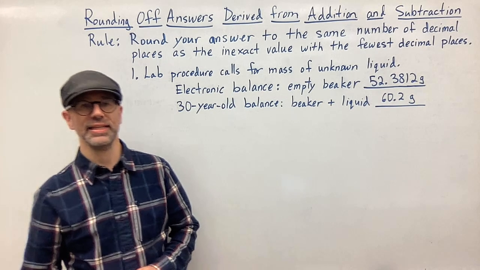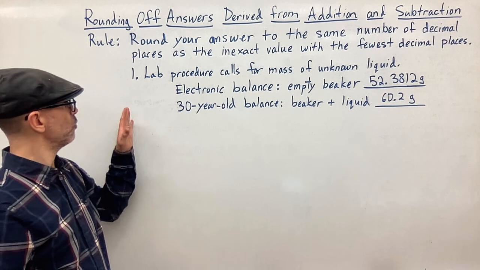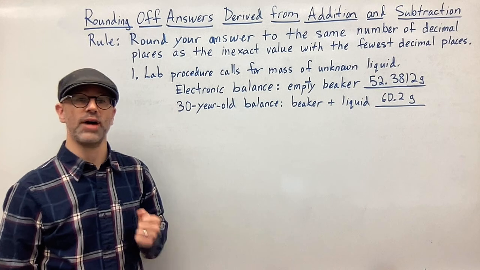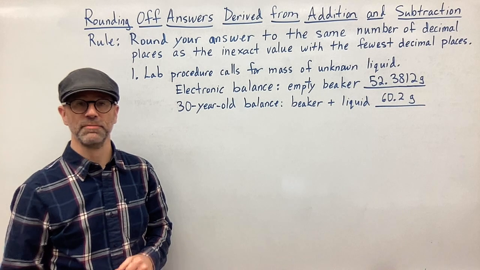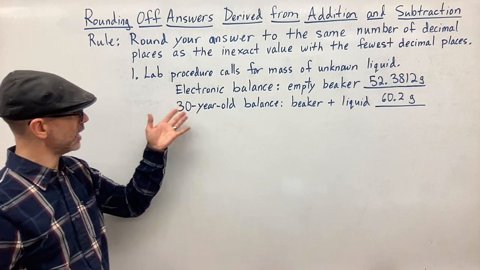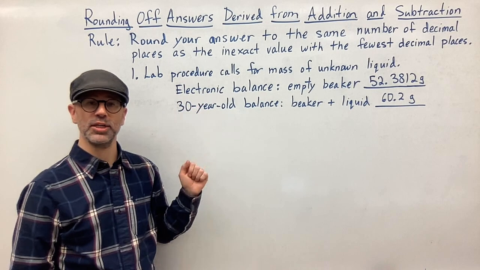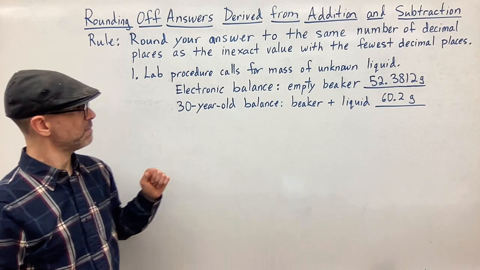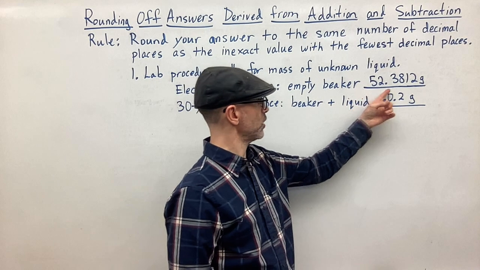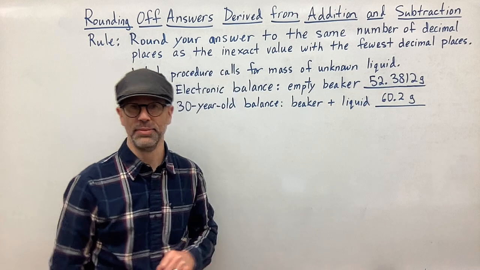Here in this problem, we're given a lab procedure that calls for finding the mass of an unknown liquid. You start off with an electronic balance. You put your empty beaker on the balance, and you find that it reads 52.3812 grams.